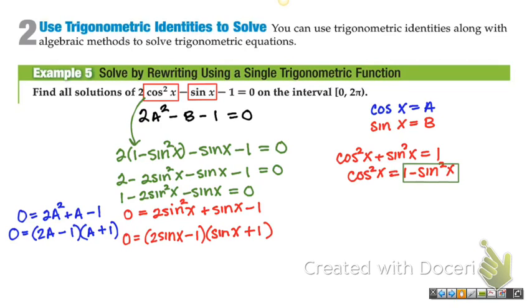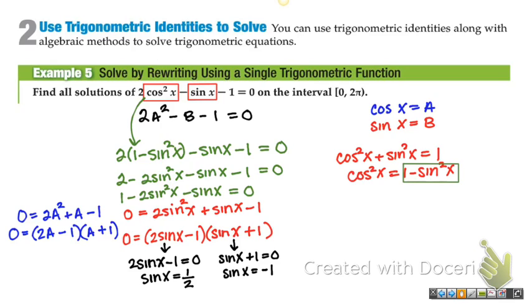So applying the zero product property means both of these guys are equal to 0. Okay, so you get 2 sine x minus 1 equals 0, and sine x equals a half. And over here you get sine x plus 1 equals 0, and sine x equals negative 1. This is where we're back to looking on the unit circle.